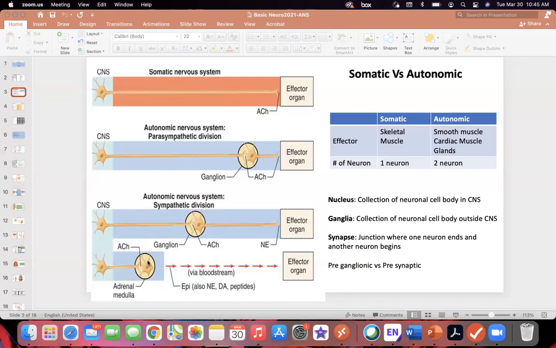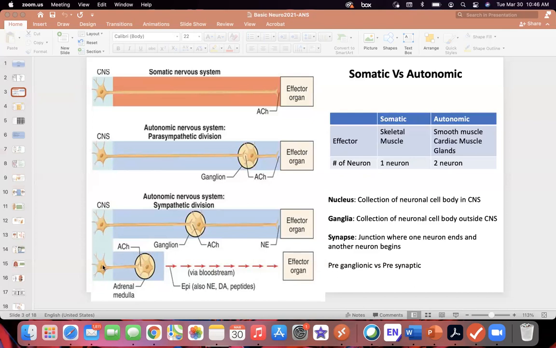These are the British names; the American names are epinephrine and norepinephrine. So adrenaline and epinephrine are exactly the same thing, and norepinephrine and noradrenaline are also the same thing. So the cells of the adrenal medulla behave as if they are postsynaptic neurons, like this one.